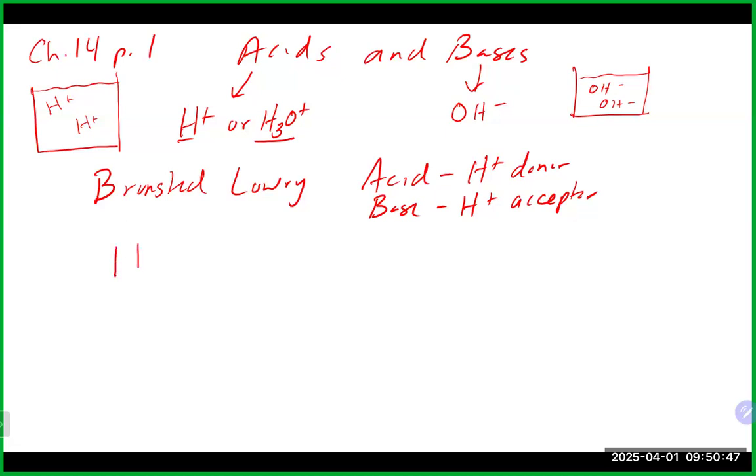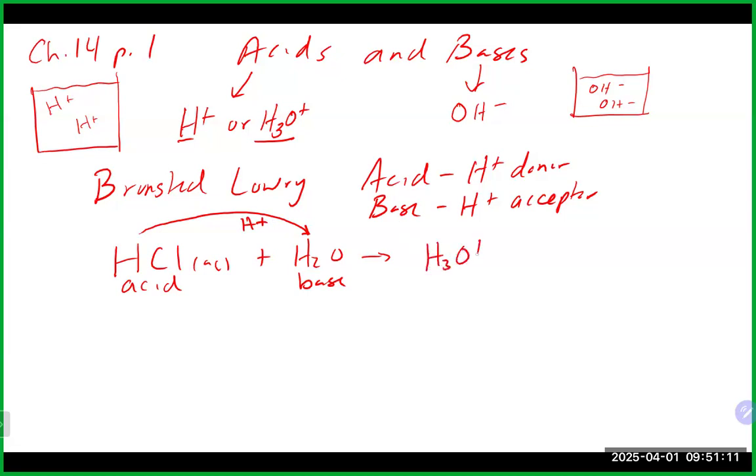So, for example, if you had your HCl plus some water, in this case, our HCl is our acid, and water is actually going to act as our base. The acid is going to send the H plus over to the water. The result of that is we will produce H3O plus and our Cl minus.